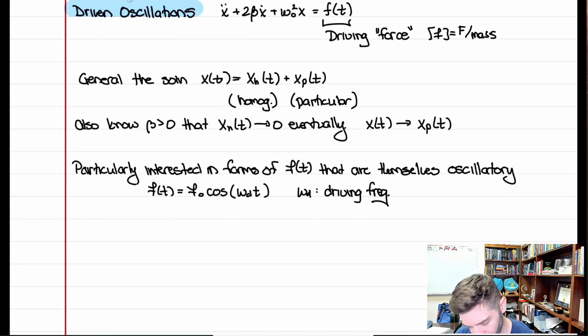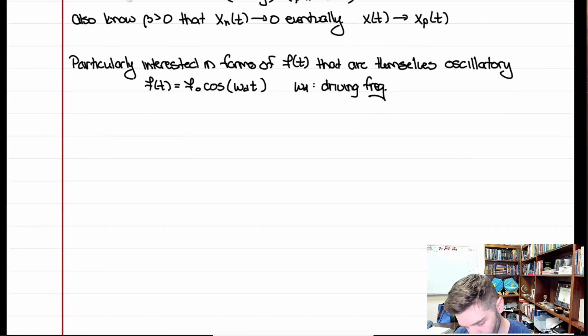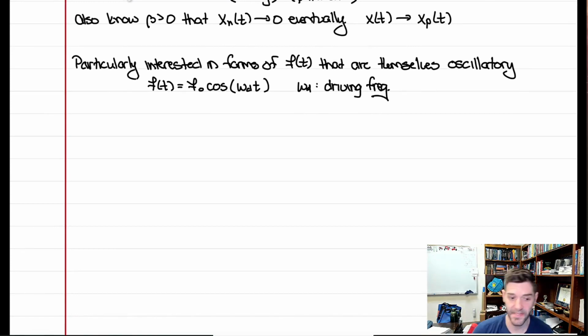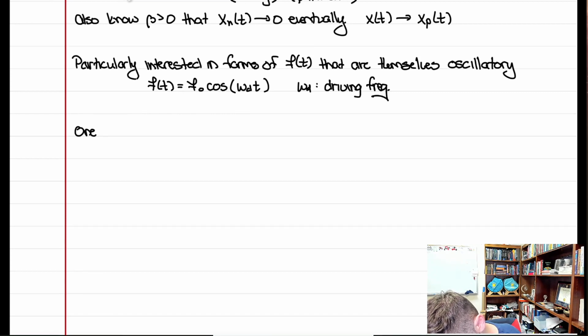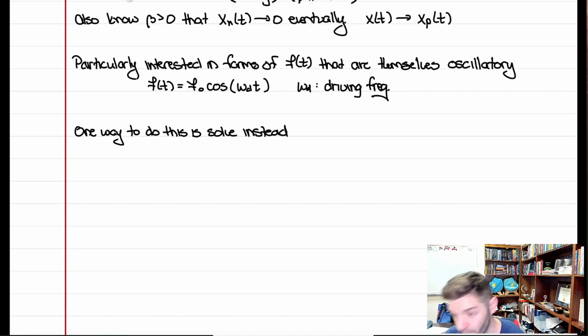So in order to study motion where the driving force is itself oscillatory, we can solve this, of course, with sines and cosines. One way to do this, which is not really the way we're going to do it, but I think is the way your book does it, is to solve instead the case where the force is not just a cosine, but you write it as e to the i omega d times t.